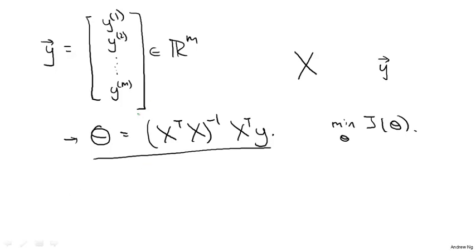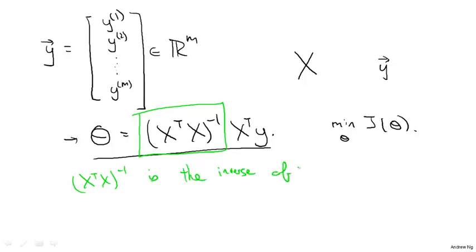Just a couple notes on the notation. This thing here, X transpose X inverse, is the inverse of the matrix X transpose X. And in case you don't remember what matrix inverses are, if you have a matrix A, then A inverse is the inverse of the matrix A, and it has the same dimension as A. So if A is an n by n square matrix, A inverse will have the same dimensions.